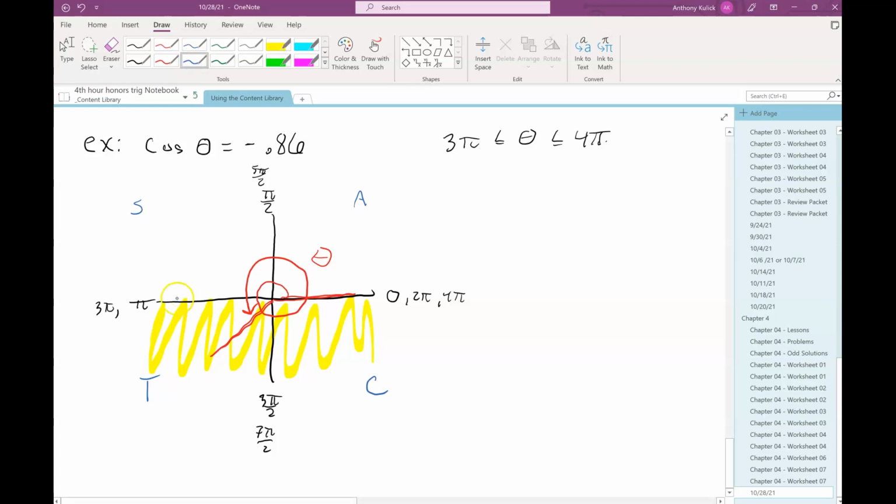Next, I'm going to label my angle alpha. Remember, alpha is the acute angle between the x-axis and the terminal side. So that's this angle here. Everybody good? Now let's relate theta, alpha, and 3 pi together.